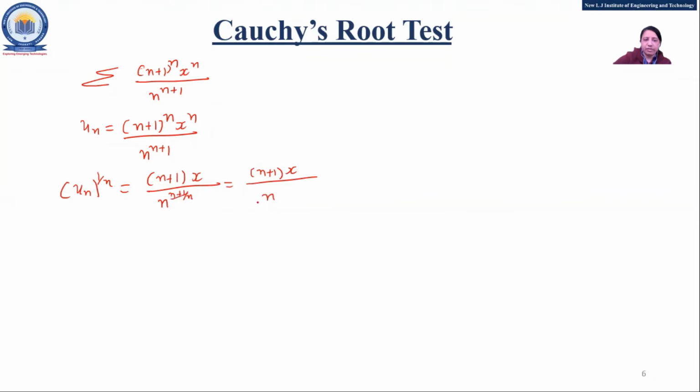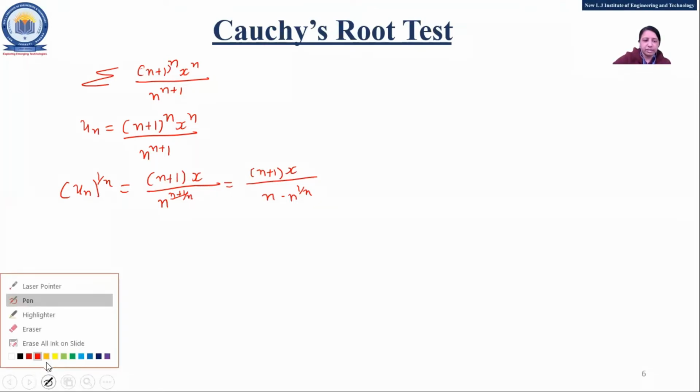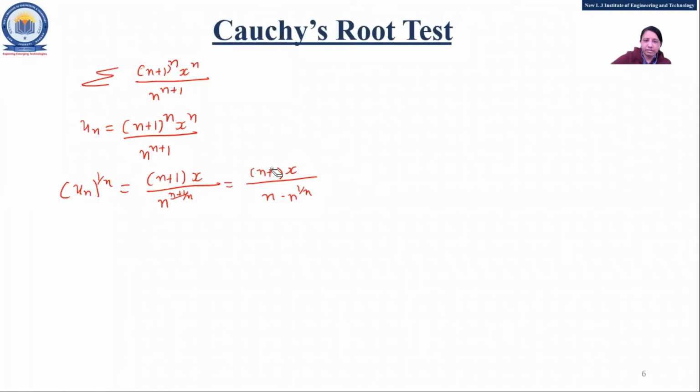So we can write n by n and n raised to 1 by n. Fine? Okay. Now you can still simplify it by taking n common from that one here.